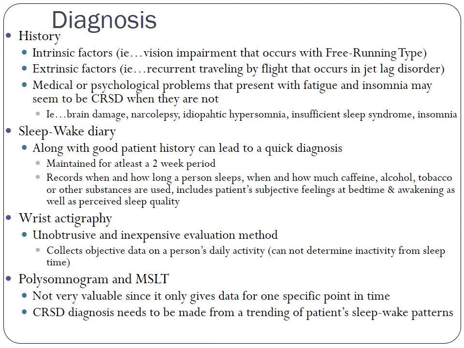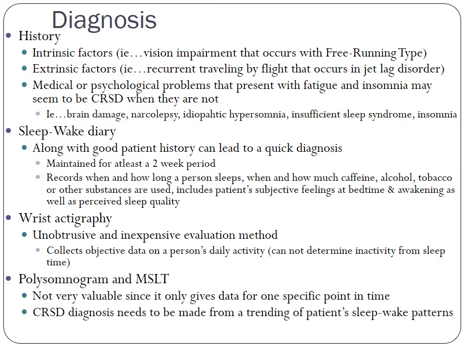Another way to look at their sleep-wake schedule for a period of time is called wrist actigraphy. This is unobtrusive and inexpensive, but it's another way to evaluate when they're sleeping or when they're active. It's not really when they're sleeping, but when they're inactive versus when they're active.